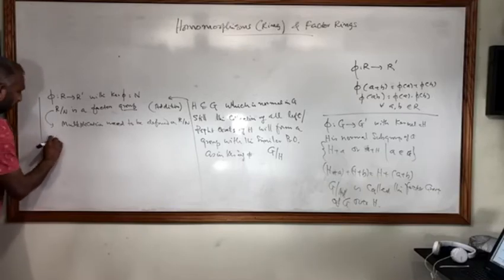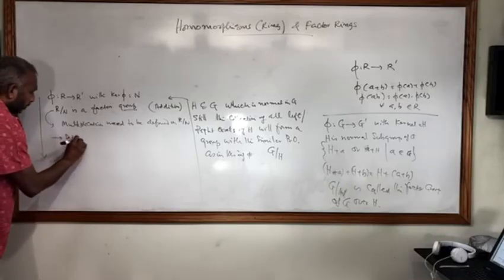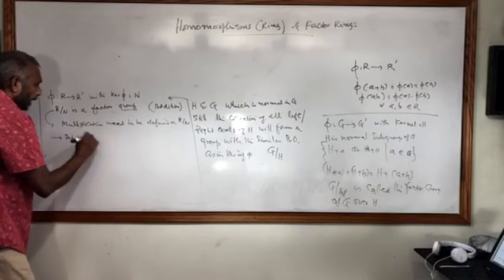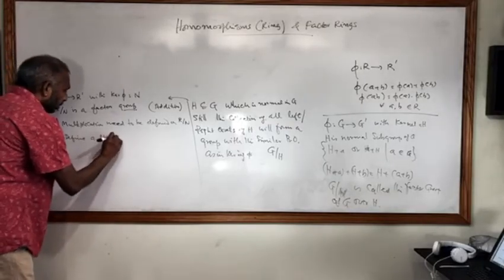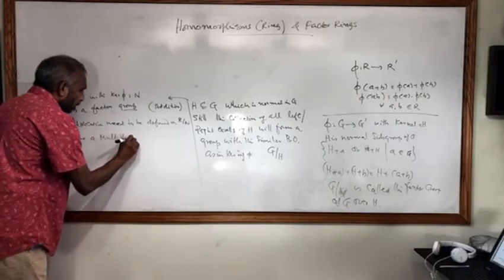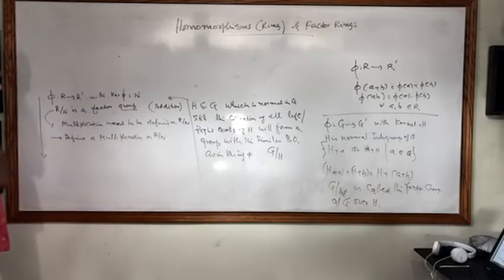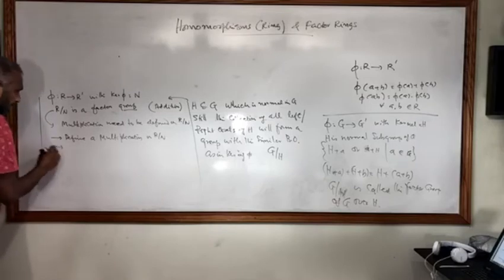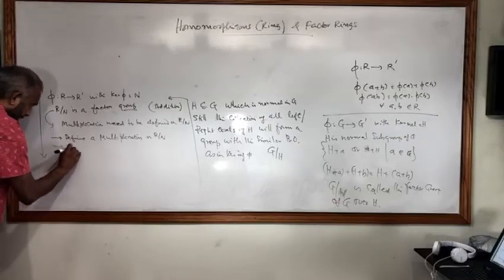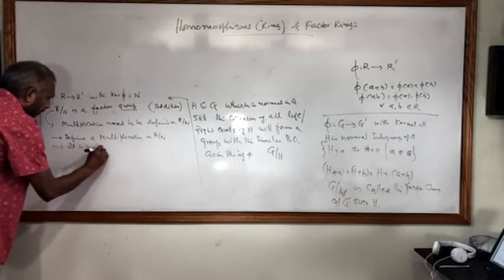So what we need to do is define a multiplication on R over N. Then we need to show that it is well defined.